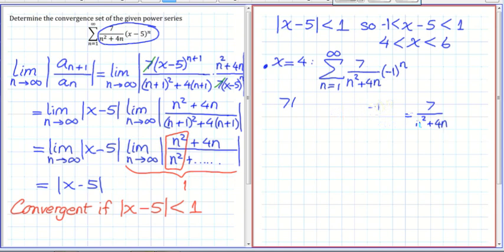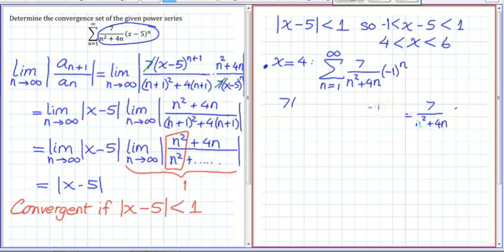So let's check. This one is convergent because it is a p-series with p equal to 2. And because it is convergent, everything less than that is convergent. If it is absolutely convergent, then the series will be convergent.